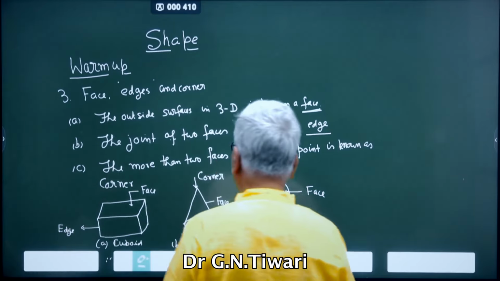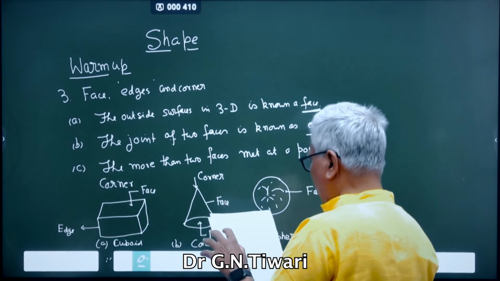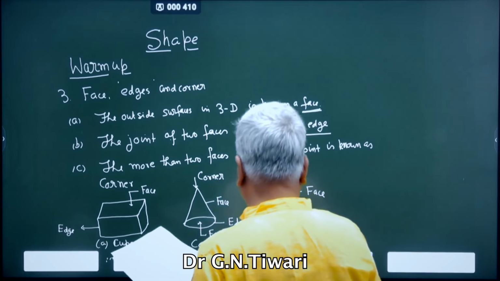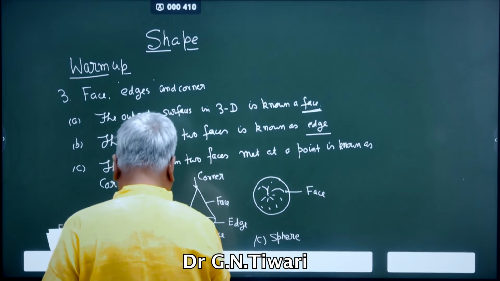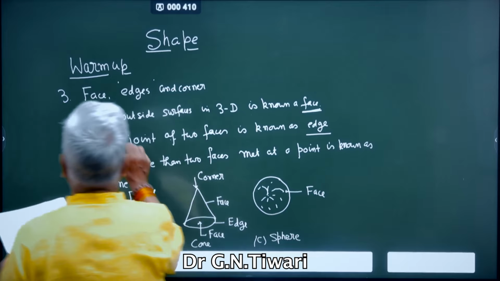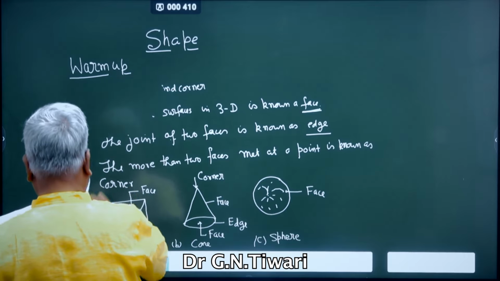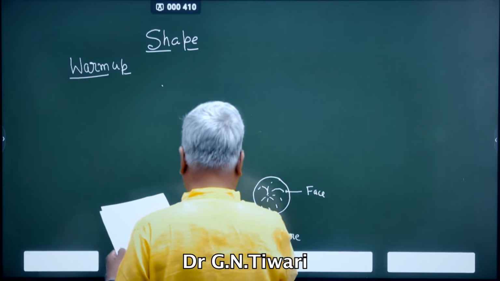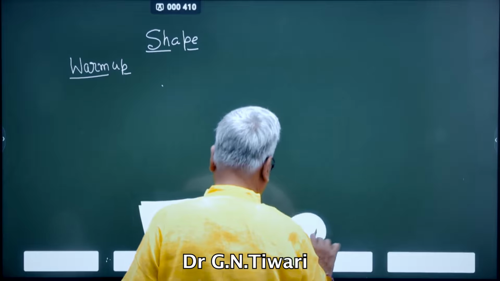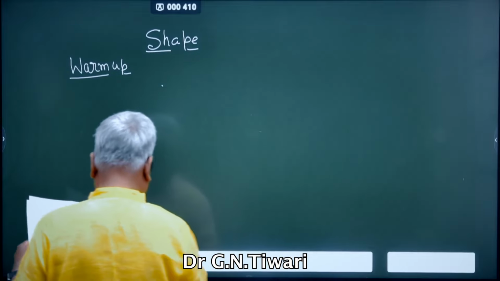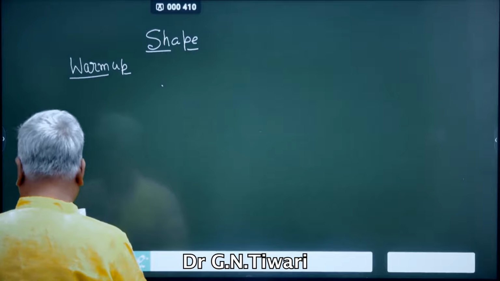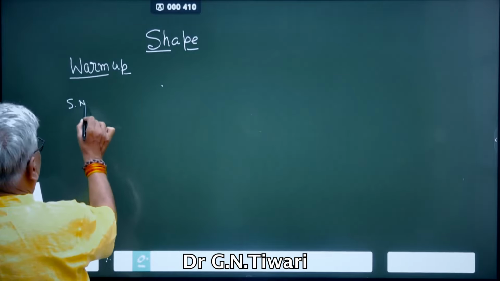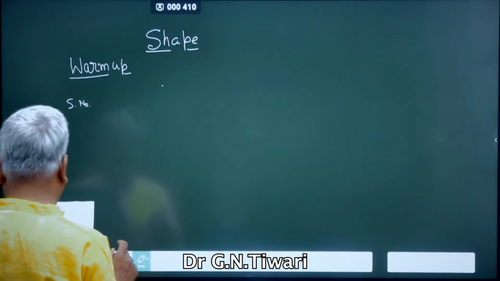Now, I am going to make a table of all these shapes which I have mentioned. So, I will just delete it. Now see, I am making a table here. I'm just putting the serial number, NO, which I have already said.